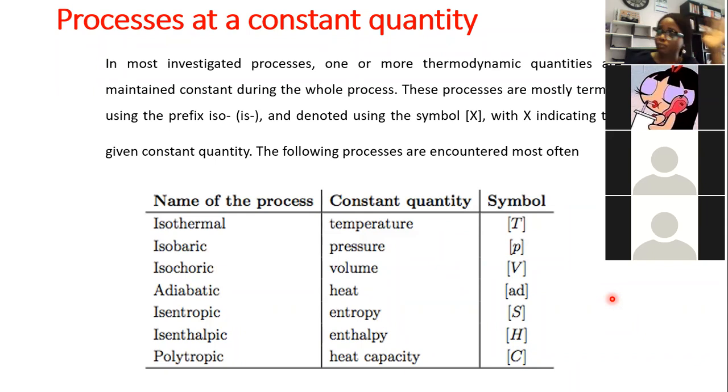There's nothing hard in this table to know. But the moment somebody says isothermal, you know thermal has to come with it, and iso just tells you constant. So you know this is a process at constant temperature. Isobaric, you should know baric. Baric is pressure. Choric, volume. Adiabatic, heat.